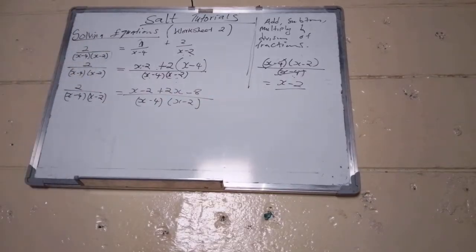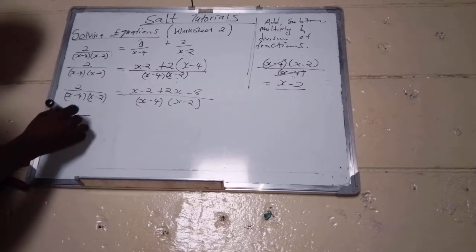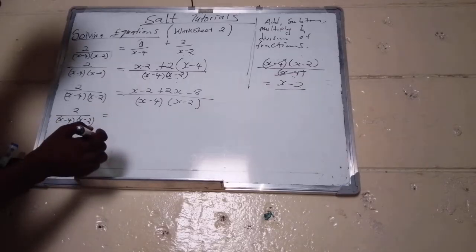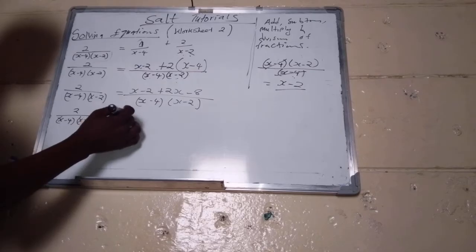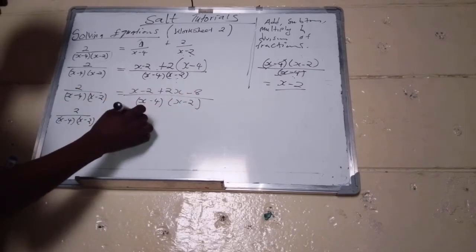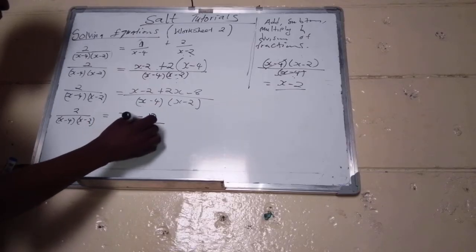So that by the end of the night we can have x minus 4, x minus 2 to be equal to what we have. Like terms there, x plus 2x, this is 3x. Negative 2 minus 8, this is negative 10 over x minus 4, x minus 2.